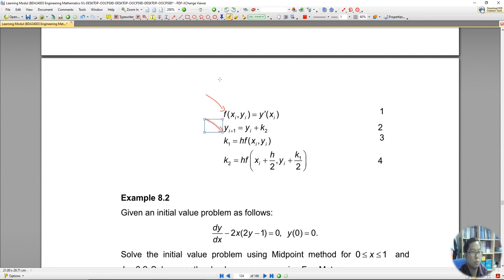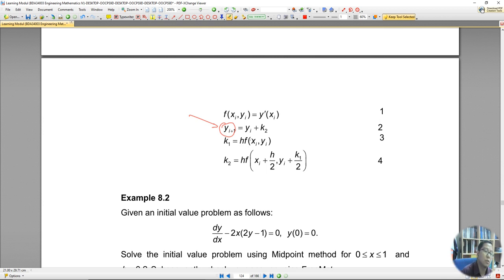To determine the latest value of y, y i plus 1, we sum the current value of y i plus the value of k2, and we have the k1 and k2 formulas.